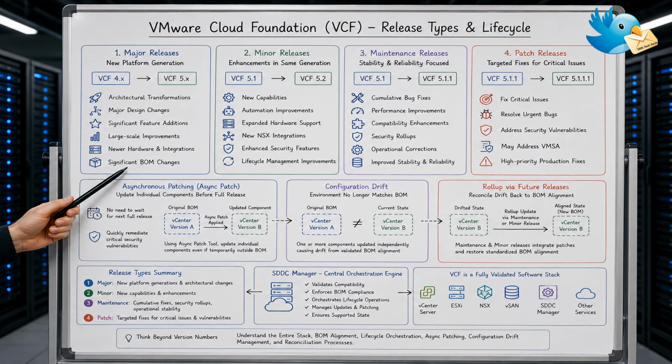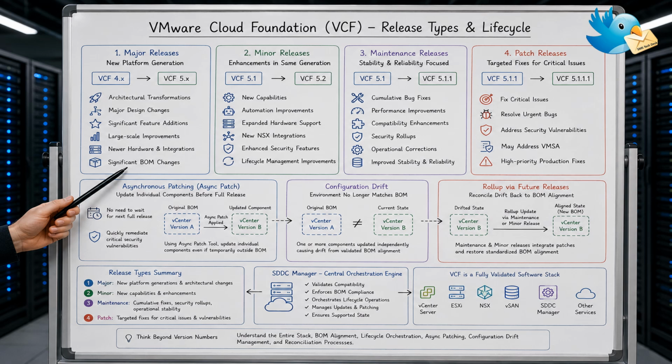Suppose you are upgrading from 5.x to 9.x. You will also get the opportunity to work on the minor release. Anyway, for those people who are working on VCF 9.0, they are going to work on the minor release by this month or next month, because as of now it is VCF 9.0. Next it's going to be VCF 9.1.